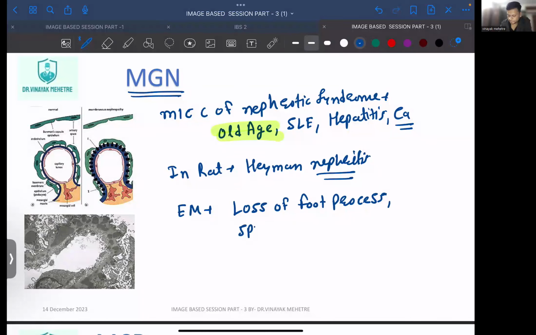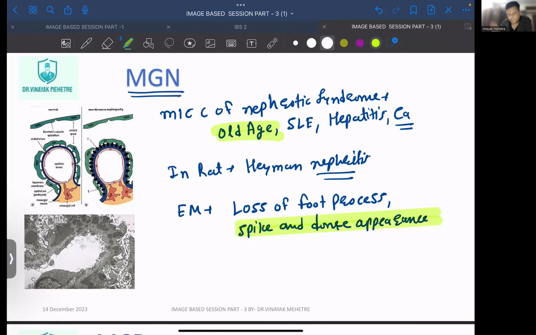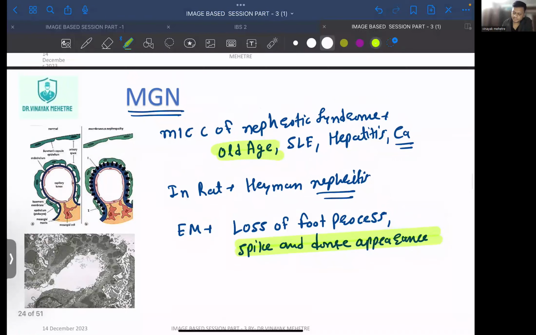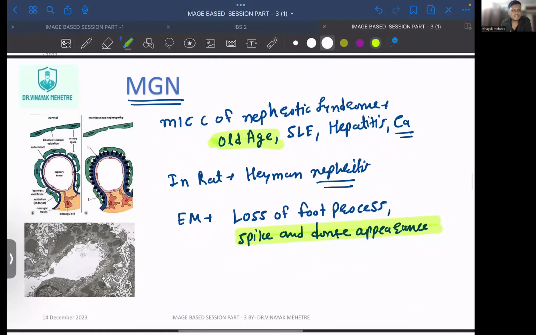spike and dome appearance. So whenever you get a question, catch this line: spike and dome appearance plus old age, the answer is MGN.